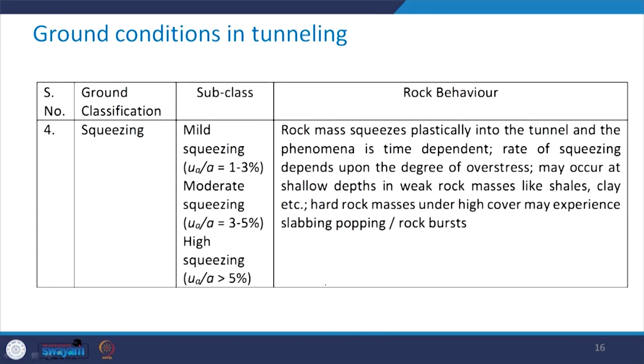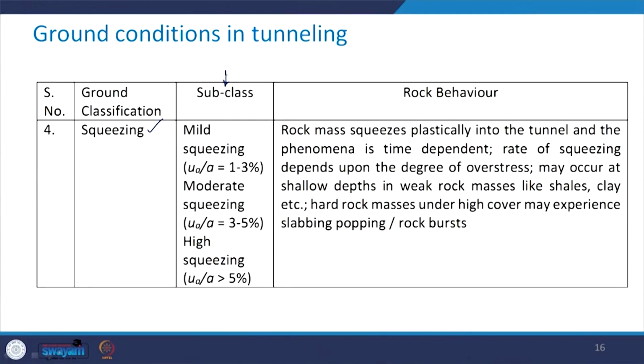The fourth one, which is very important and needs a lot of care, is squeezing. It has various subclasses. First, let us see what we mean by the squeezing ground condition, and then I will explain why it is divided into different subclasses. So, the squeezing rock mass is plastic.